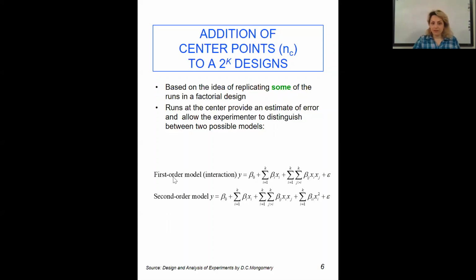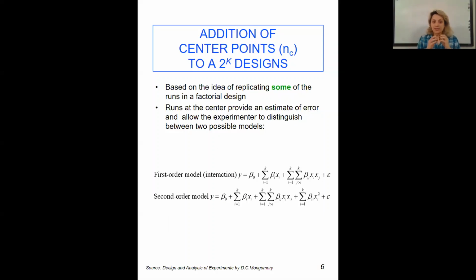We said that we have the first order model, where we have interaction, and we have the second order model. For the first order, we didn't have these x to the power of 2 terms. The estimate of error helps us find out the pure error.